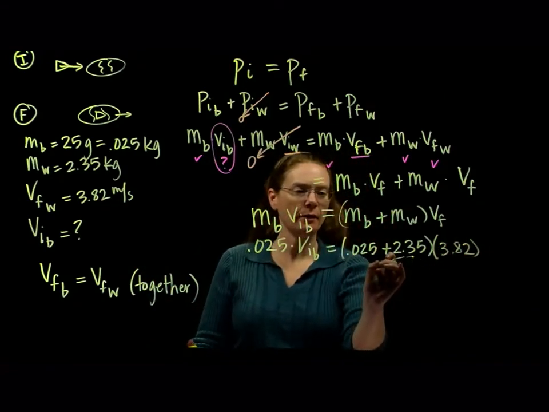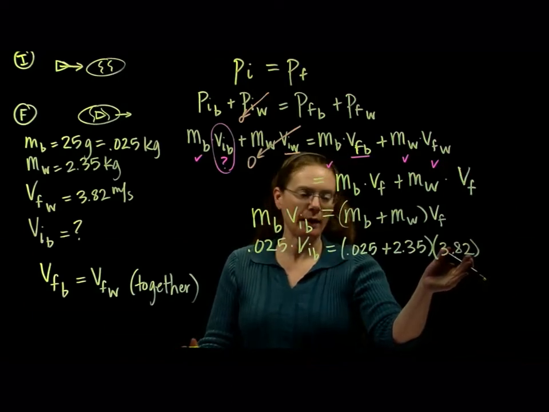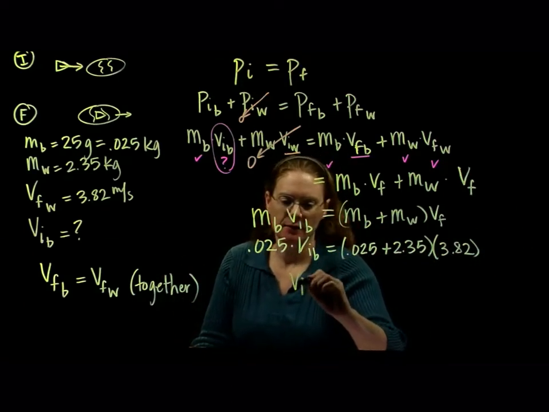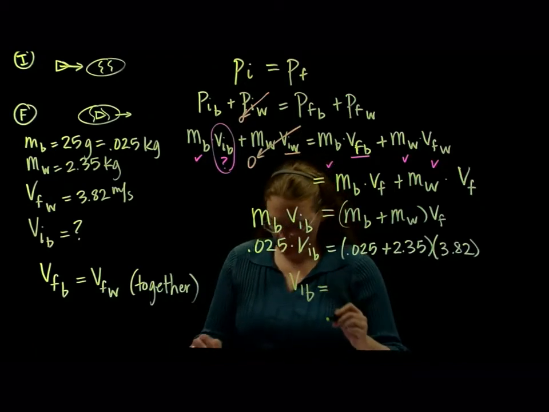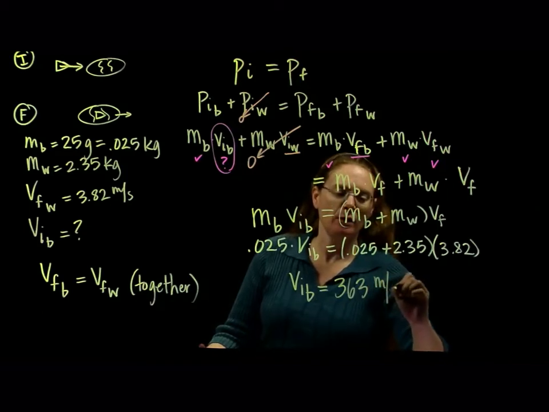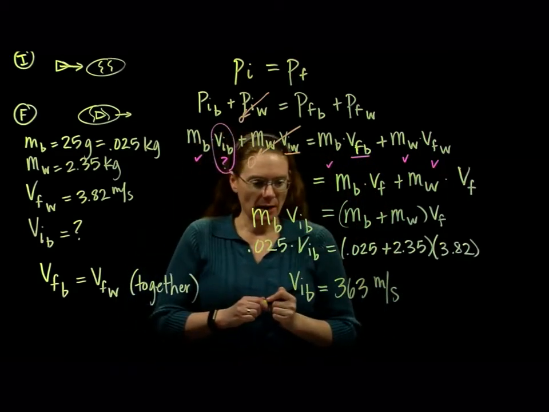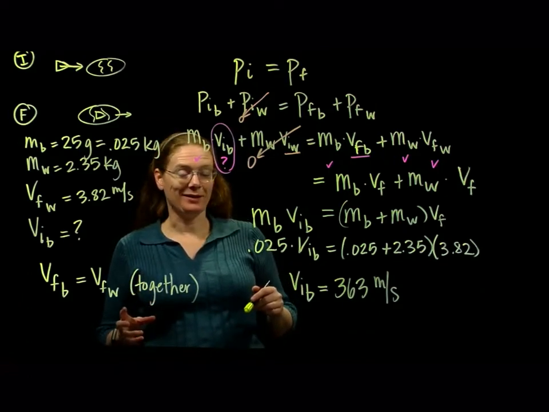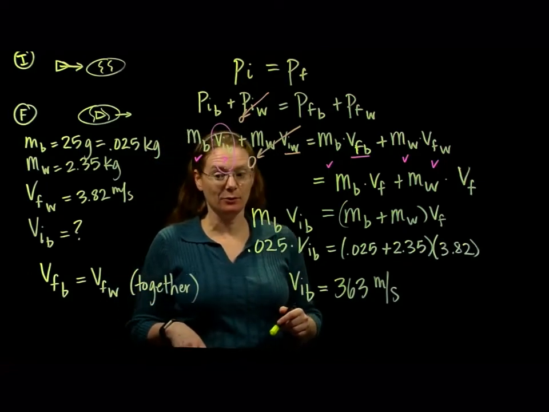So add those together, multiply by 3.82, divide that by 0.025 to get the muzzle velocity of the bullet, which is usually pretty fast. Yep, 363 meters per second. That is a third of a kilometer in a second. Pretty darn fast. These things do tend to fly.